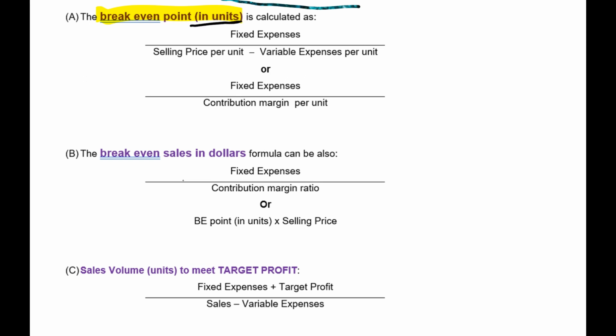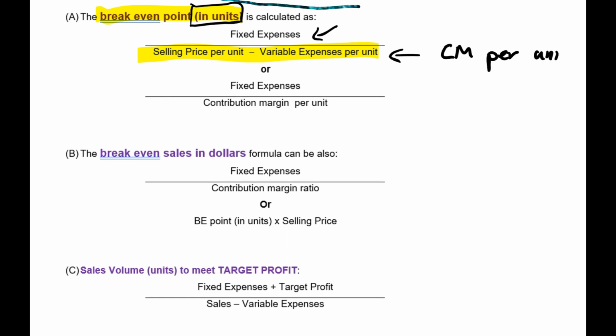If they ask for the break-even point in units, your formula is fixed expenses divided by selling price per unit minus variable expenses per unit. Selling price minus variable expenses equals contribution margin per unit.